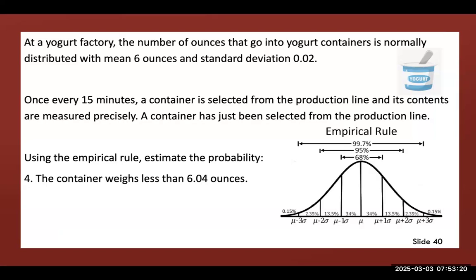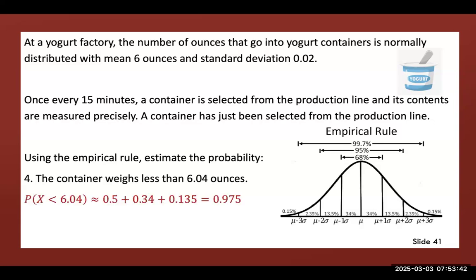plus 2 sigma. Now, there's a lot of things we could add, but we could try to use the symmetry of the graph to help us add less things. For example, everything below mu is 50% or 0.5. So we can just take 0.5 plus the 0.34 and the 0.135.